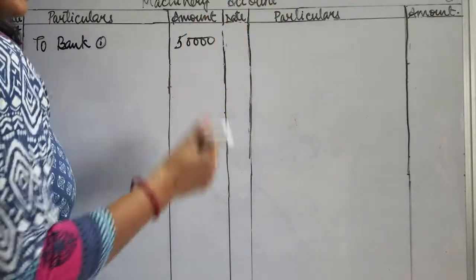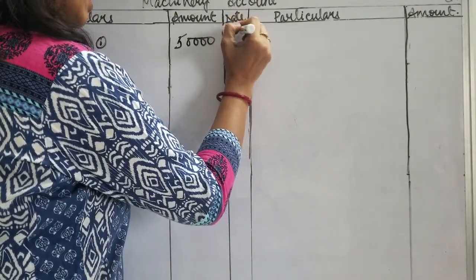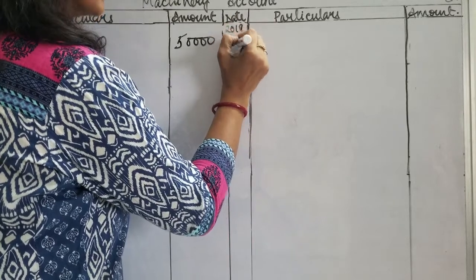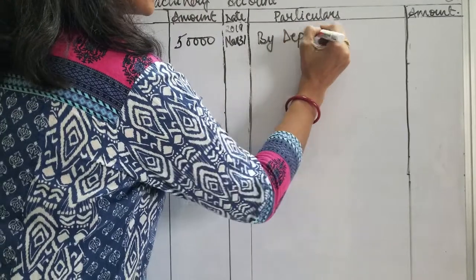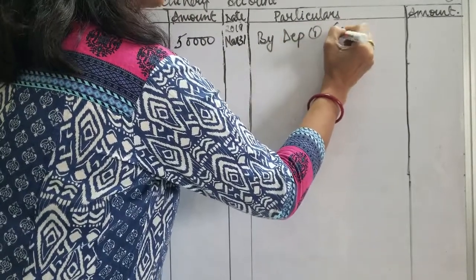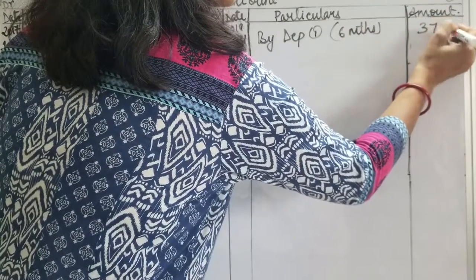Now here on the credit side, in the date column, write the date first. It's 2018 March 31st, and the entry will be by depreciation, machinery 1, for 6 months, 3,750.